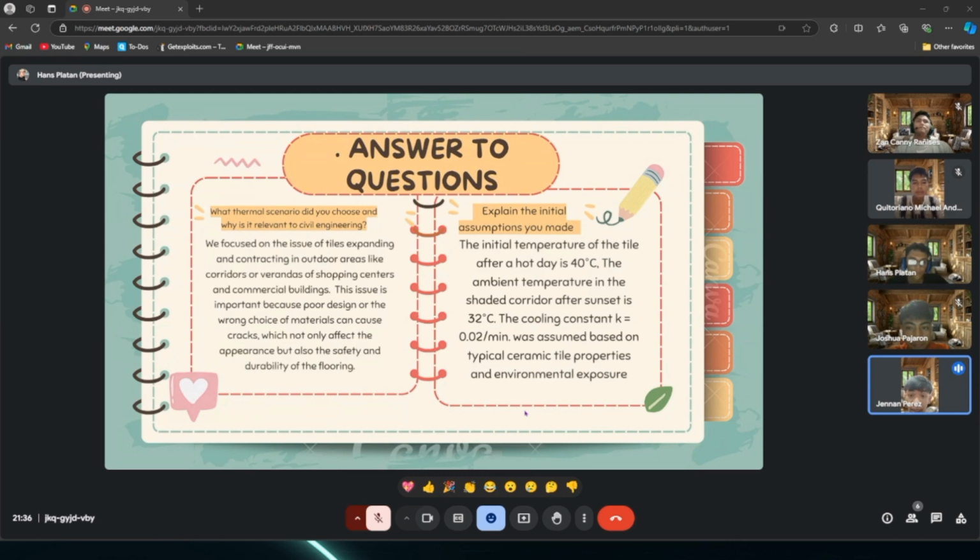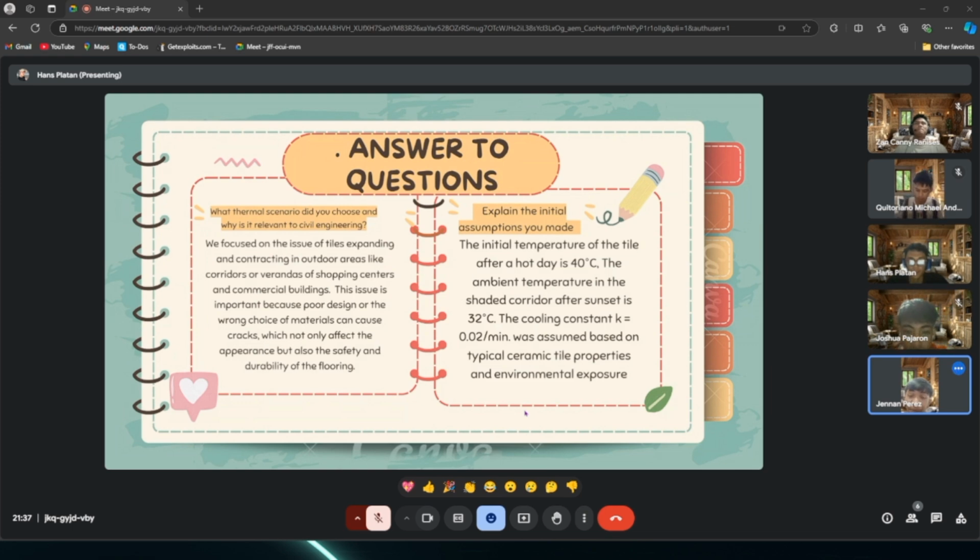These tiles are exposed to sunlight during the day and cool at night, causing stress and expansion. This is common and can lead to tile cracks, affecting the appearance, safety, and durability of flooring. Poor design or material choice can also cause water rise and exposure, compromising the structural stability and durability of the flooring.